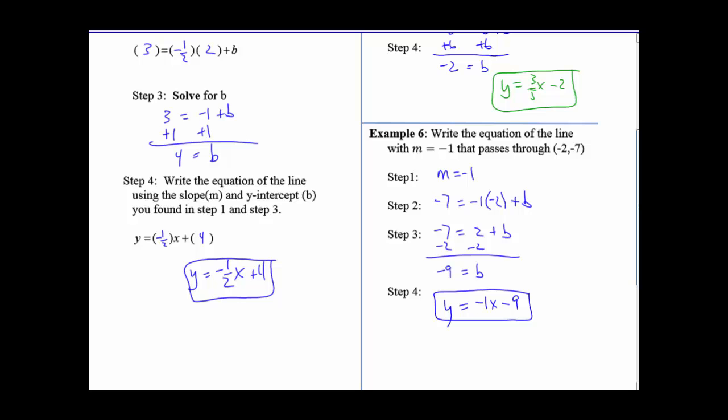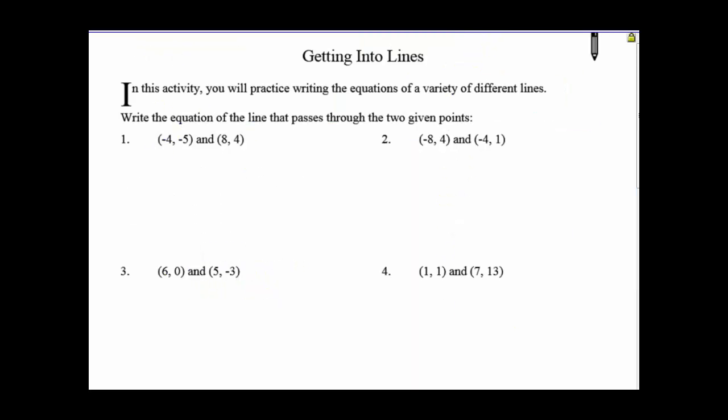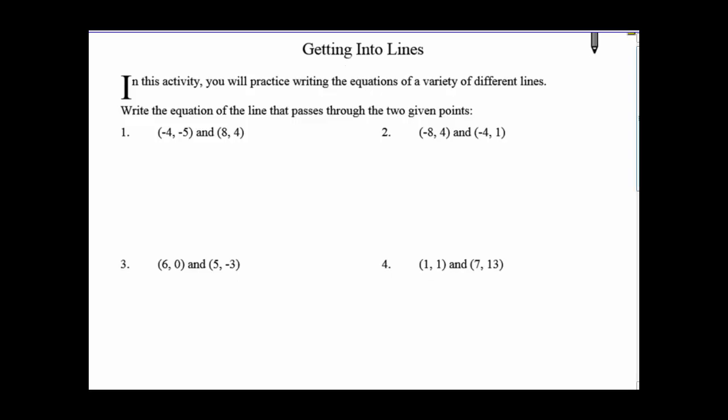All right. Next page. So now we're going to take our practice. We're going to write the equation of a line that passes through two given points. So one example. If we have negative 4, negative 5 and 8, 4, we know again x1, y1, x2, y2 if it helps.